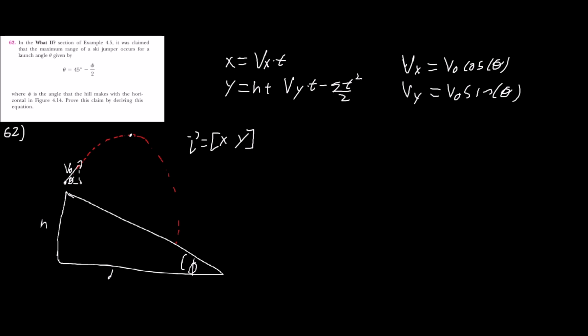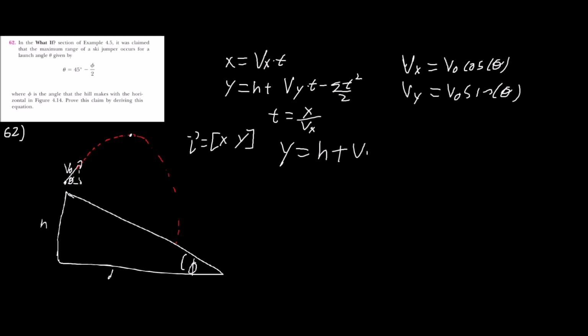All right, this is what I'm going to do. I'm going to solve for t here and substitute it there. So I'm going to take this equation and solve for t, and t is x divided by vx, so I don't have to worry about the components.